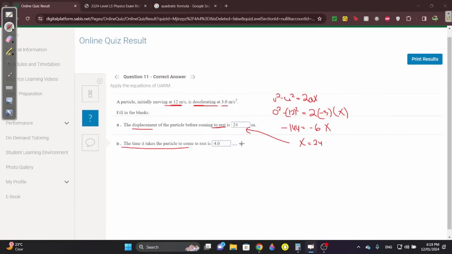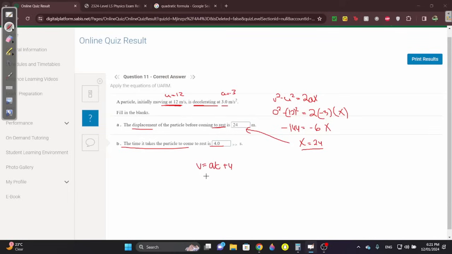The time it takes to come to rest is how many seconds? For part B, they want the time. We have the initial velocity, u equals 12, and the acceleration is negative 3. To find the time to come to rest, the displacement of 24 doesn't really matter, but we know velocity equals acceleration times time plus u.